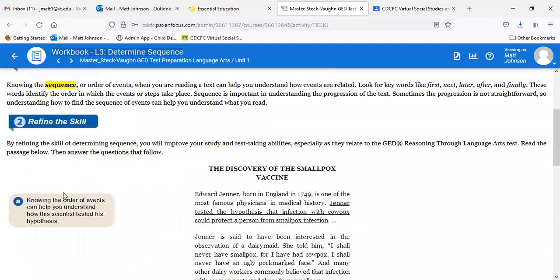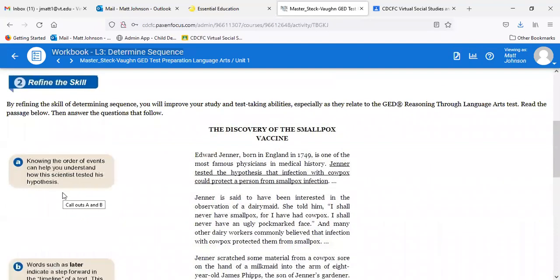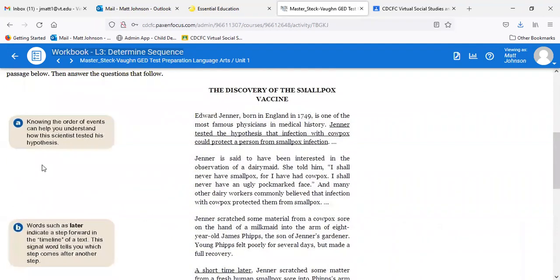Okay. And this passage, more on science. So the text boxes say, knowing the order of events can help you understand how the scientist tested his hypothesis. And the second one, words again, such as later, indicate steps forward in the timeline of a text. The signal word tells you which step comes after another step.